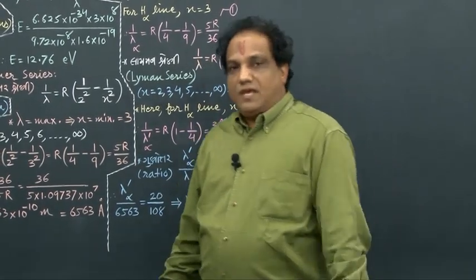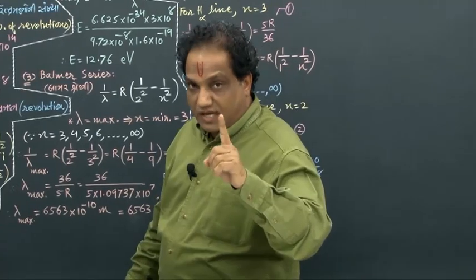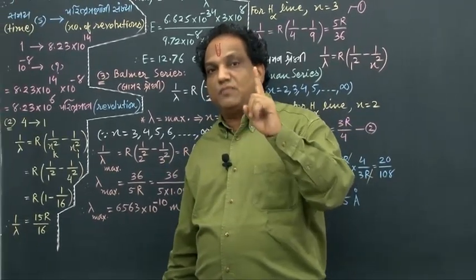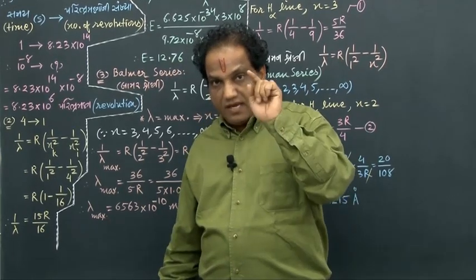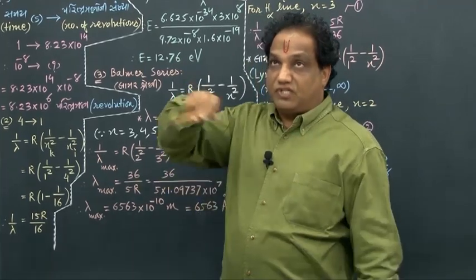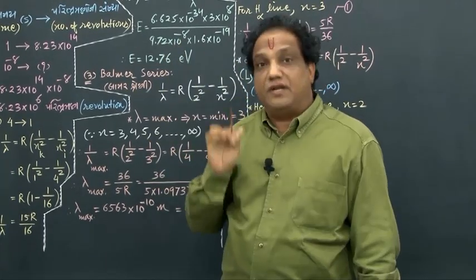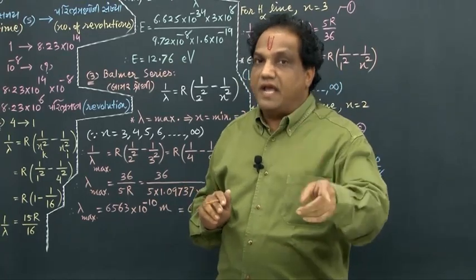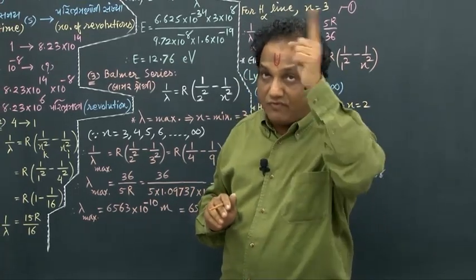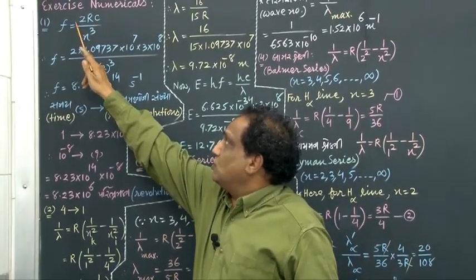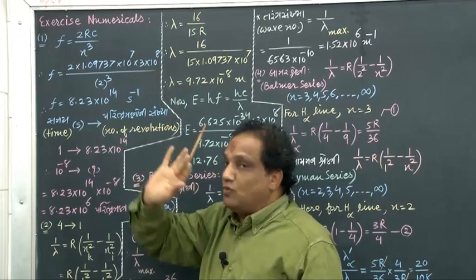Listen. If you remember, in one of the illustrations in the textbook, we talked about Bohr's correspondence principle, and in the same numerical we obtained the expression of frequency of revolution of electron in nth orbit, when the n value was very large. At that time the frequency of revolution was f equals 2rc upon n cube.